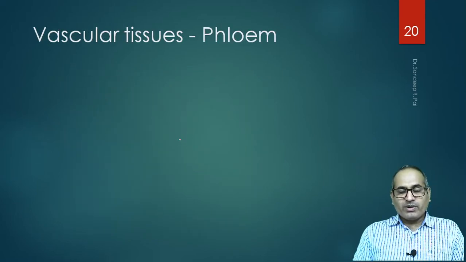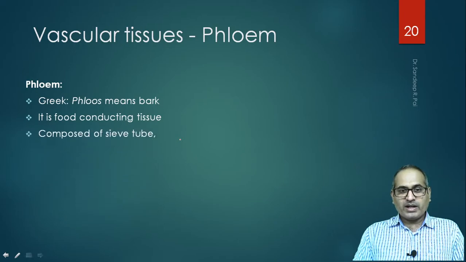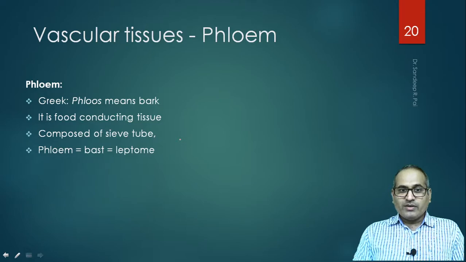The next vascular tissue which we are going to see after xylem is phloem. Phloem, the Greek word comes from phloios, which means bark. It is food conducting tissue. Xylem is water conducting and phloem is food conducting tissue. It is composed of sieve tubes.